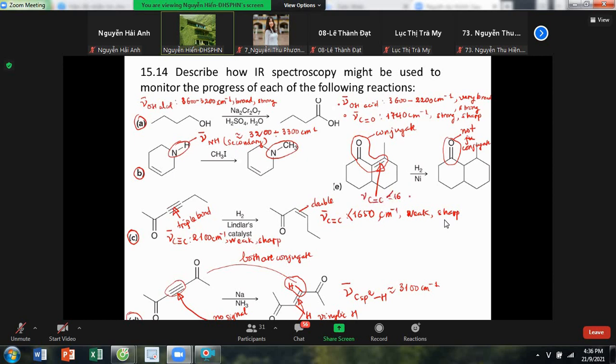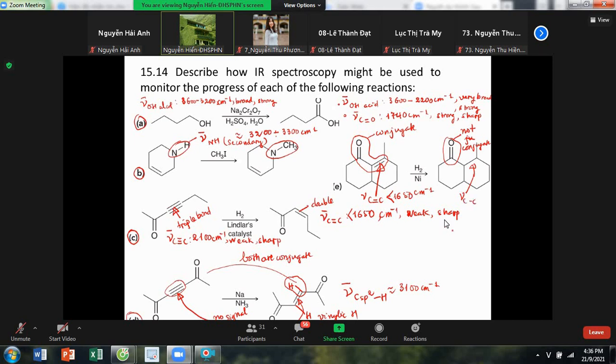It would be smaller than 1650 because it is conjugate, and in the drug product you don't have a double bond anymore. It is converted to a CC single bond, so you cannot see the signal from the double bond.